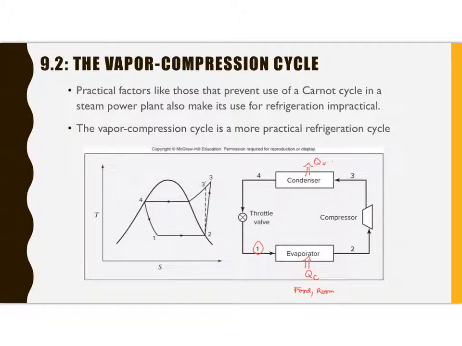And this is often to the surroundings. There will be work required at the compressor, but our throttling valve, we assume, has Q and W both equal to 0, which means it is isenthalpic, or delta H equals 0.